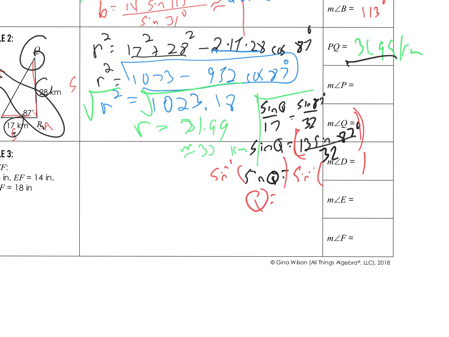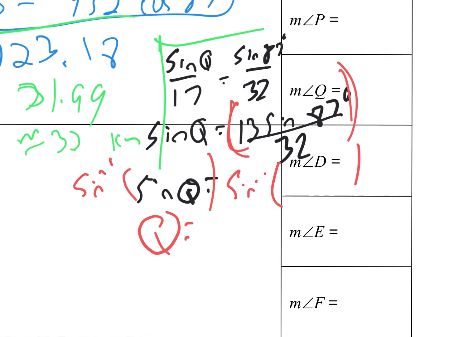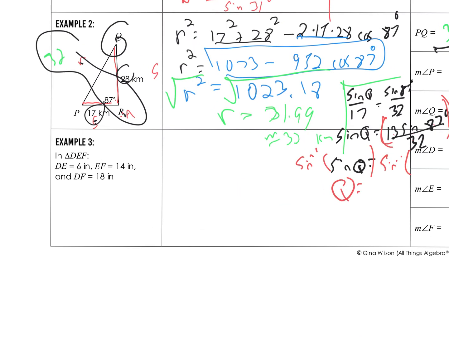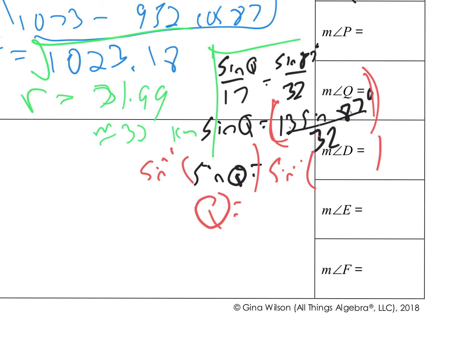Anybody? You've got all these calculators out, but I don't have enough of you even pressing the buttons. The top had a 17, the bottom has a 32. And there was a sine of 87.